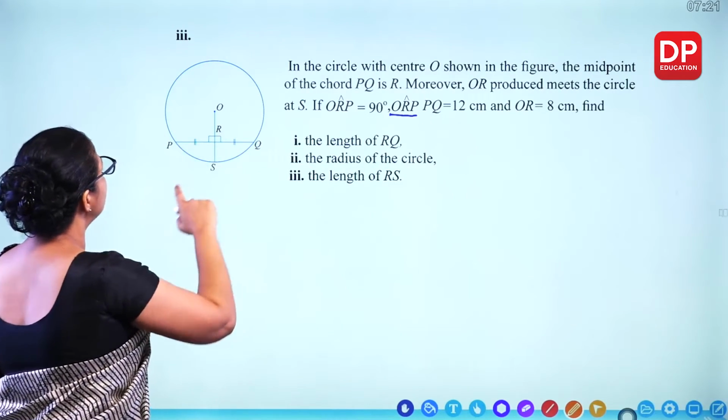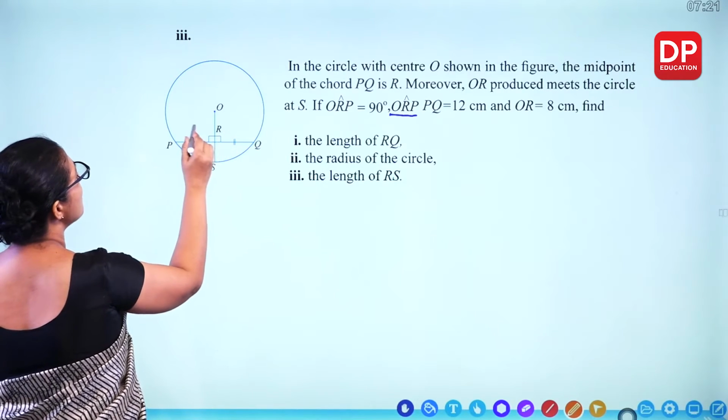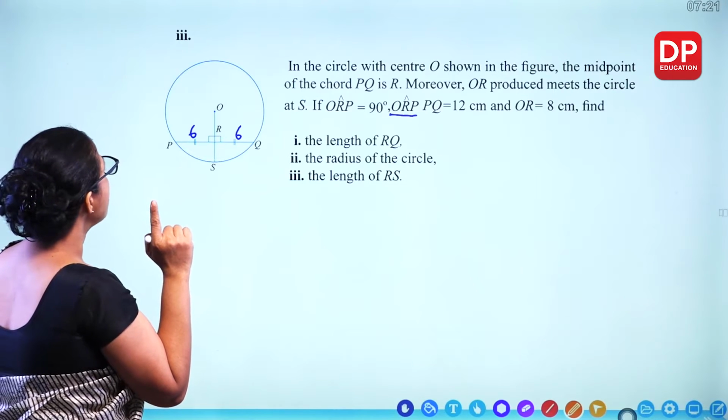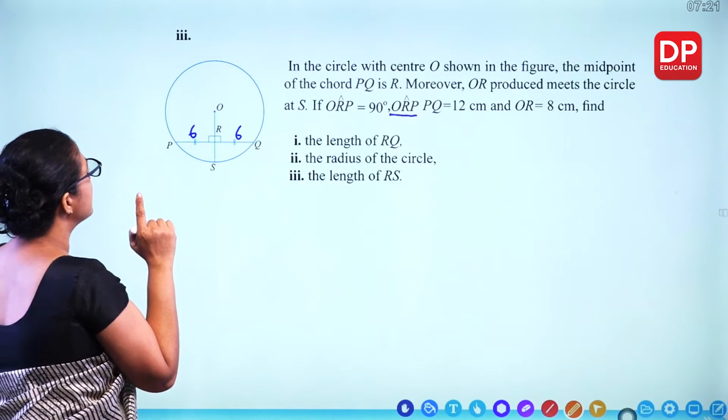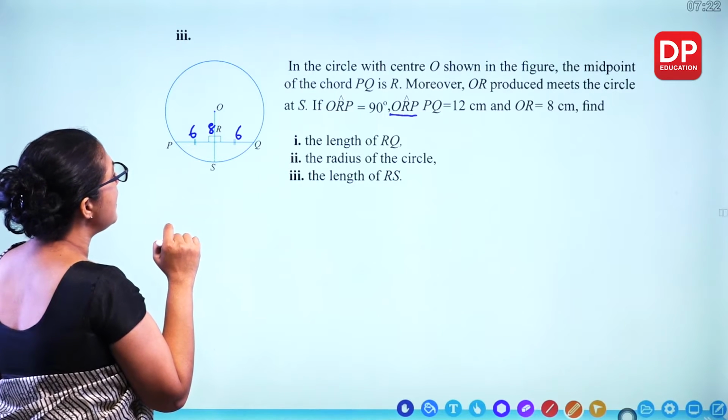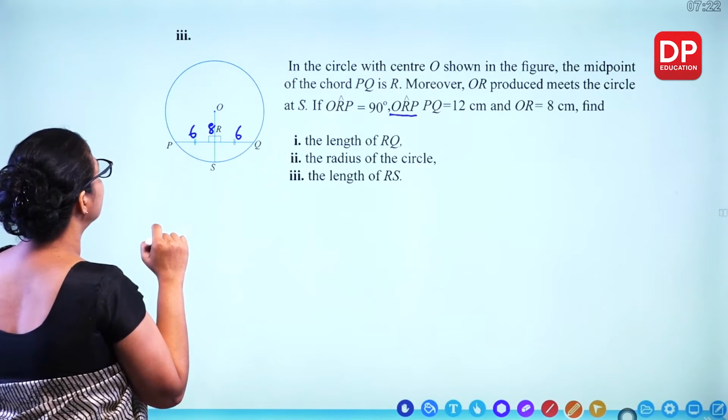PQ is 12. This is 12. So that means this is 6 and this one is 6. OR equals 8. So this small length is 8. Find the length of RQ.